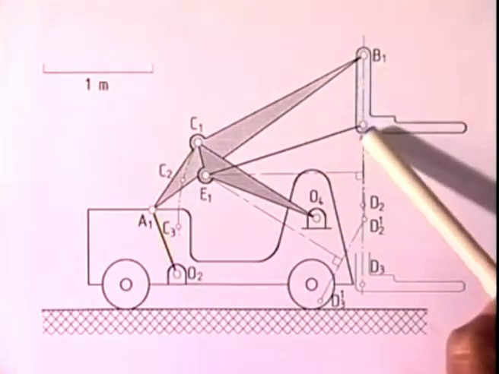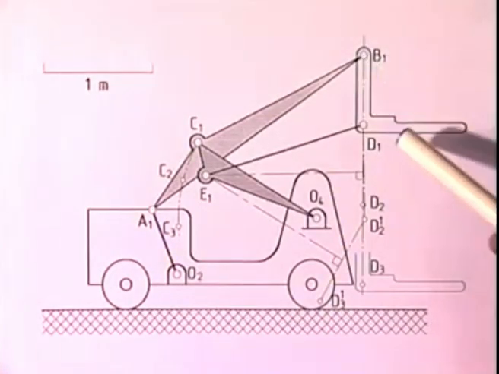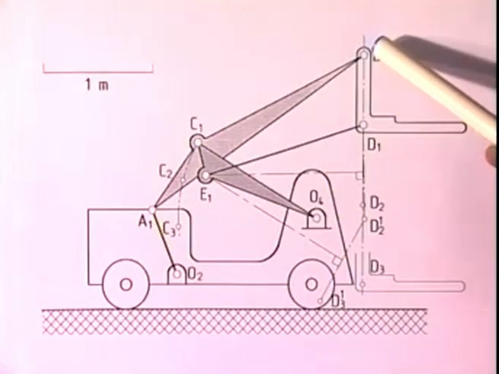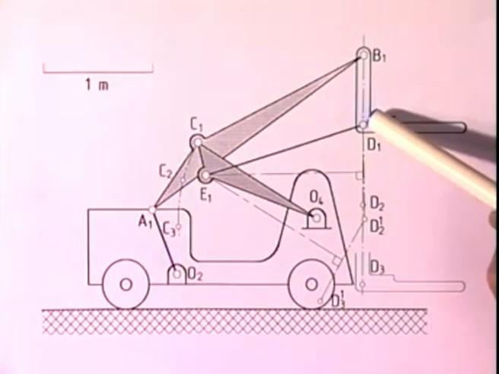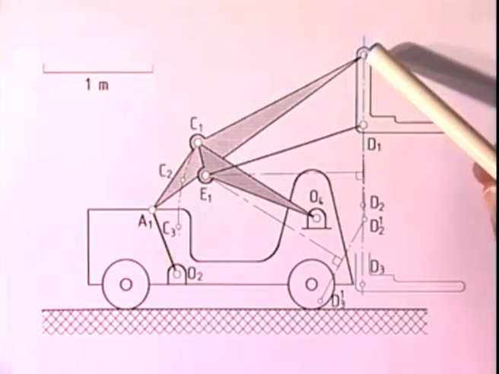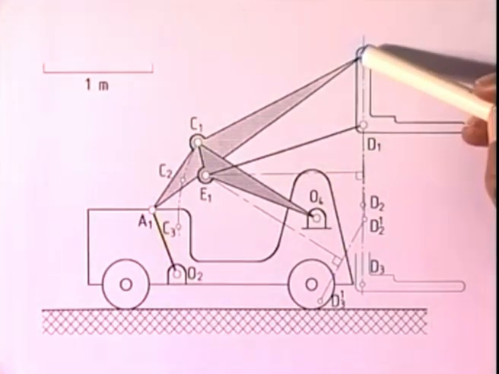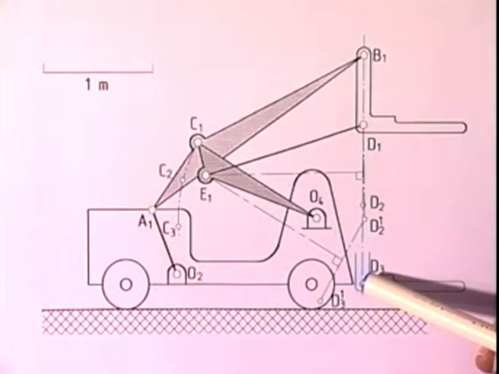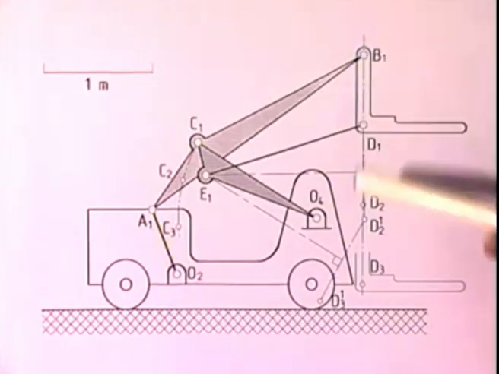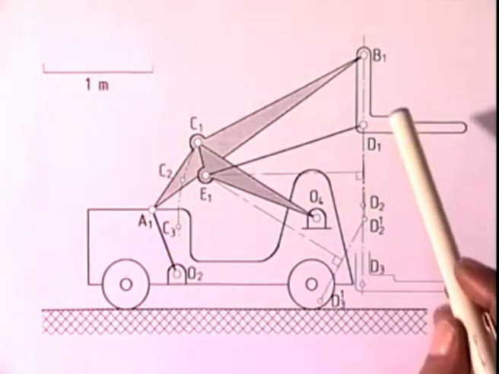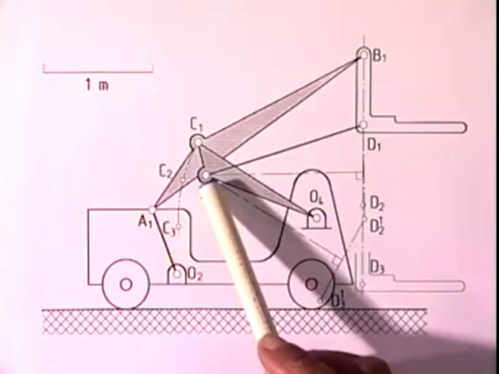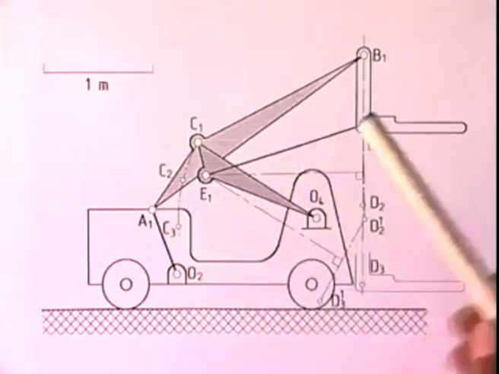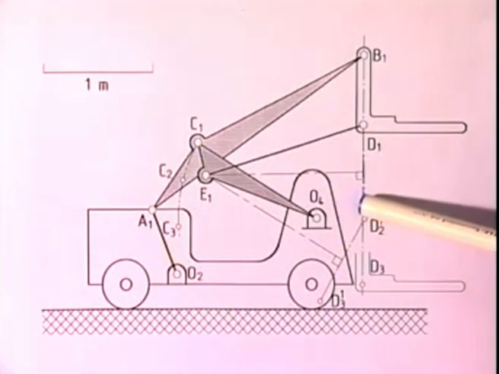So to guide this fork vertically, I choose another convenient point D1. This is chosen arbitrarily. Now B is at B1, D is at D1. When at the second configuration B goes to B2, because this distance remains same, I can locate D2 and similarly D3 corresponding to the third position on the same vertical line. The only task is to determine this revolute pair on this link at E1 such that D1 passes through D1, D2 and D3.